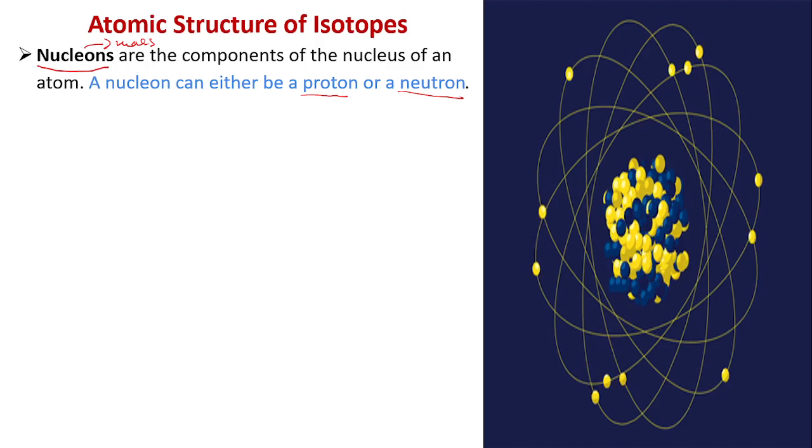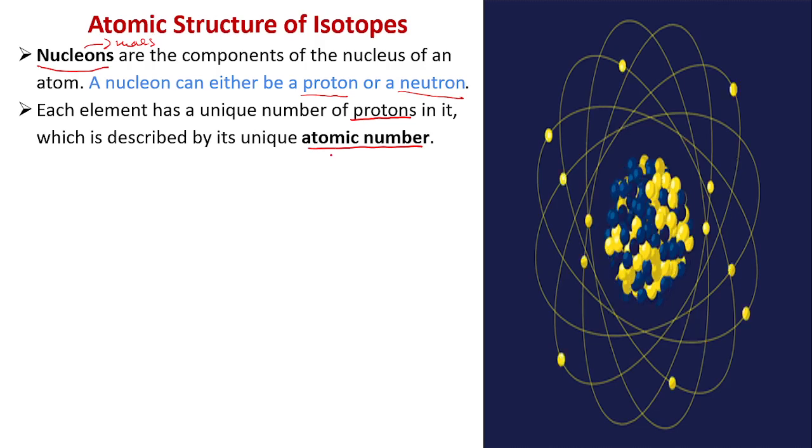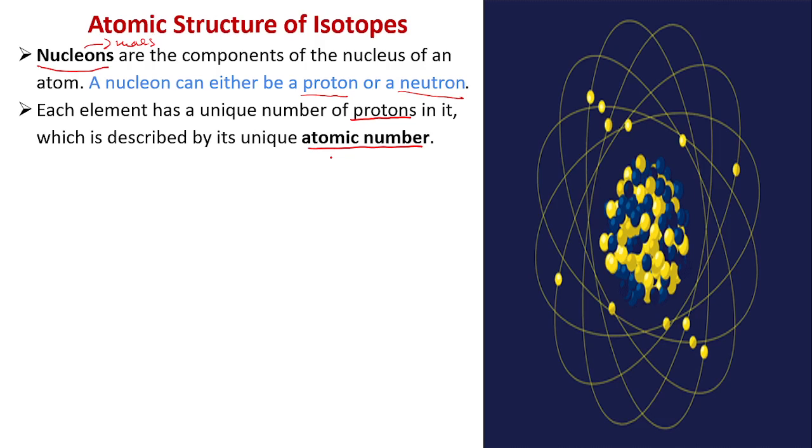So you need to understand that each element has a unique number of protons. In short, the atomic number of every element, every atom in the universe, is unique. For example, the atomic number of carbon will surely be 6. No other atom has an atomic number of 6.